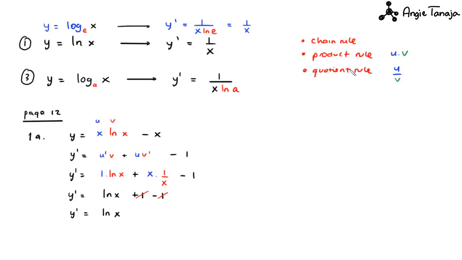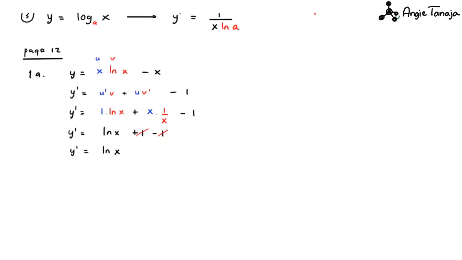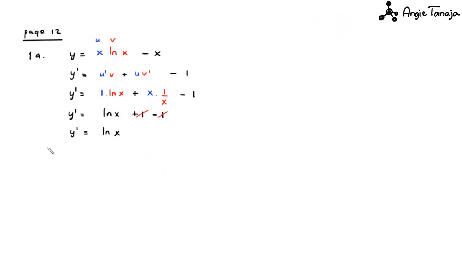Let's take a look at another example. Example 1b. We have y equals x squared over ln x. So the u prime is 2x, while the v prime is 1 over x, right? So we can apply this: u prime v minus u v prime over v squared.